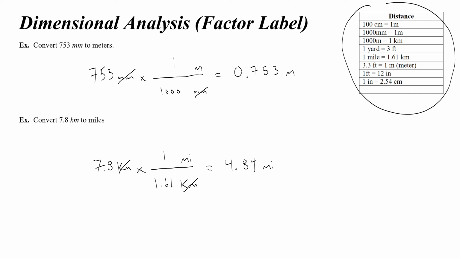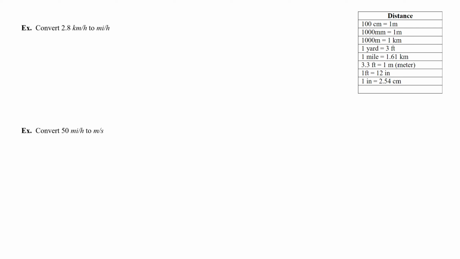All right, now let's do 2 harder examples. Let's say you need to convert 2.8 kilometers an hour to miles per hour. Well, you would start by writing 2.8, and instead of saying km over h, I'm going to write it this way. 2.8 km over 1 hour, because that still says 2.8 kilometers per hour.